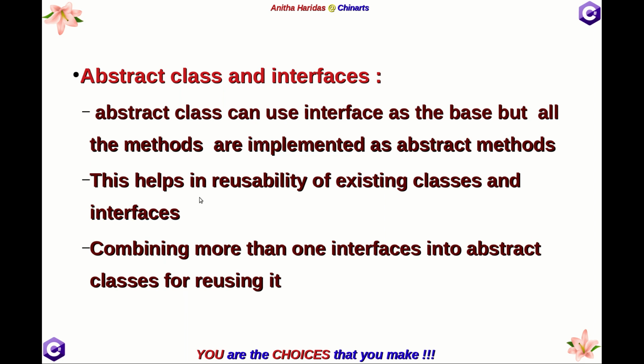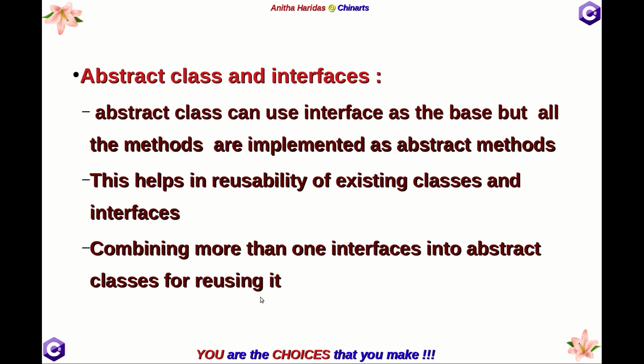So you can combine abstract classes with interfaces so that you can achieve reusability of code in C#. Combining more than one interface into abstract classes for reusing it is also permitted in C# programming.